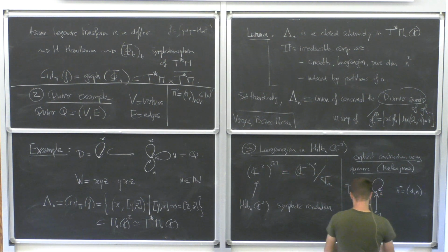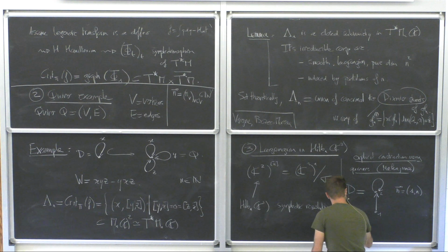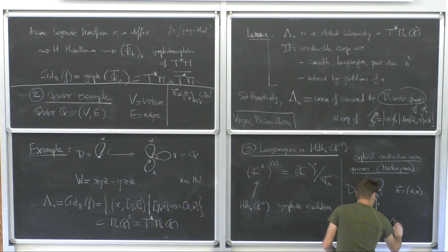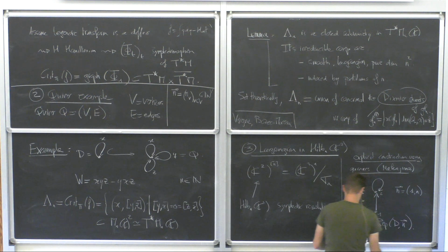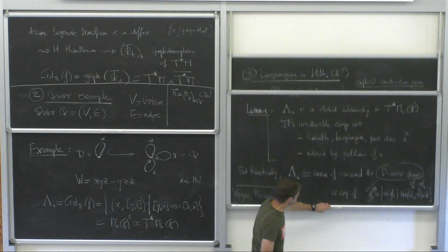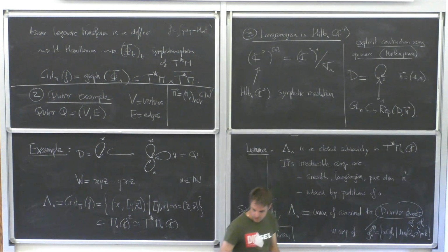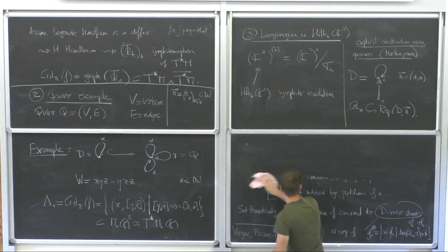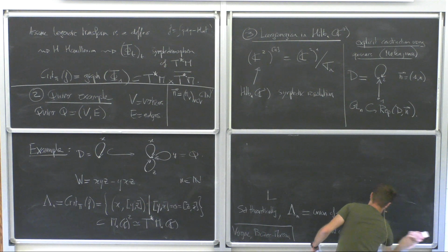So we look at the action of GLN on Rep(Q, d, n). And so if you want to compute the cotangent to the quotients, you might want to do Hamiltonian reduction.